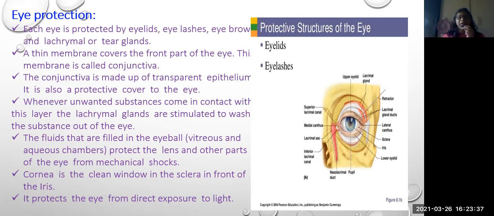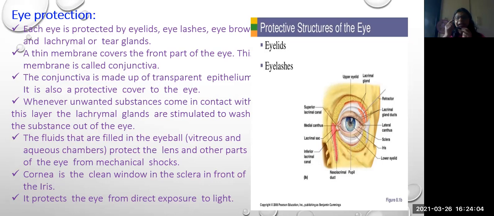And the fluids that fill the eyeball, already you know, the vitreous fluid and the aqueous fluid in the chambers, protect the lens and other parts of the eye from mechanical shocks. Water is always a shock absorber in the sensitive organs of our body, like the heart and brain.